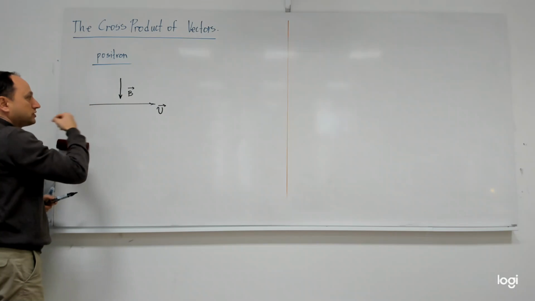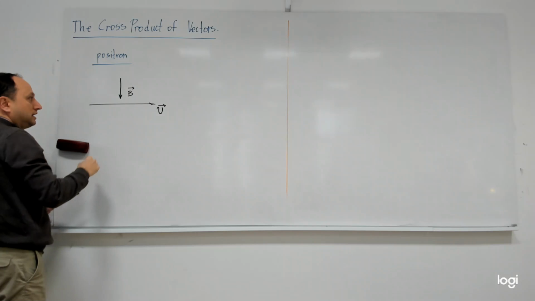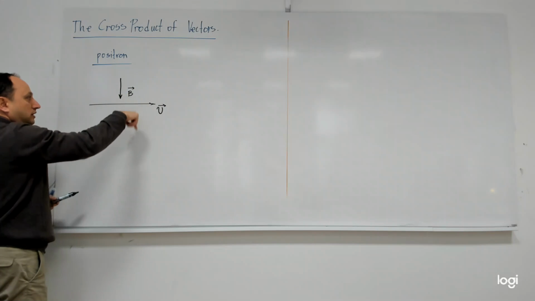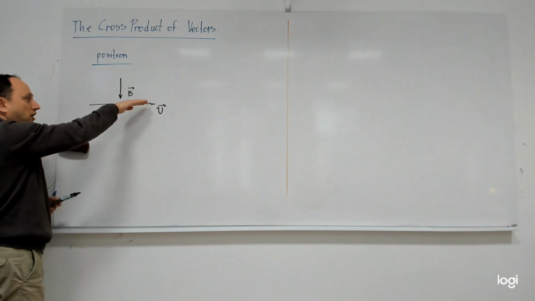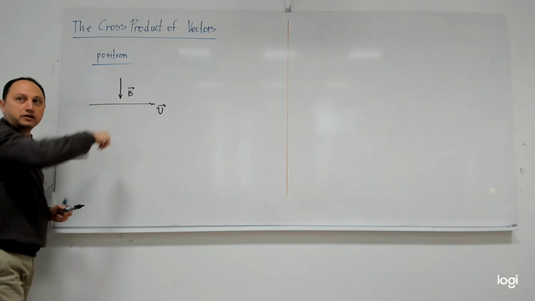But you see, it was not the case. When we turn on the magnetic field in this direction, they do not go up or down. They deviate on a horizontal plane. They go either that way, or maybe they go behind the whiteboard.